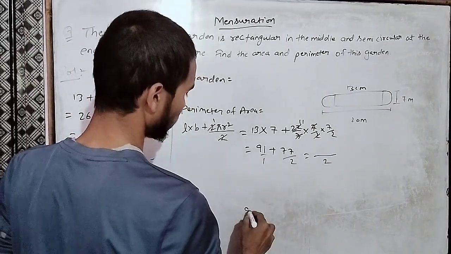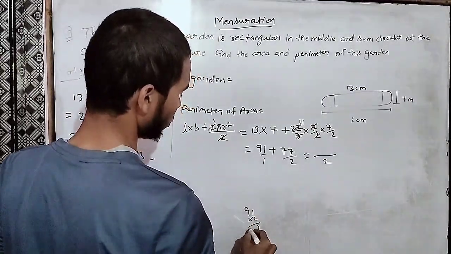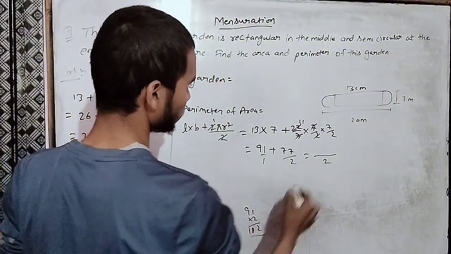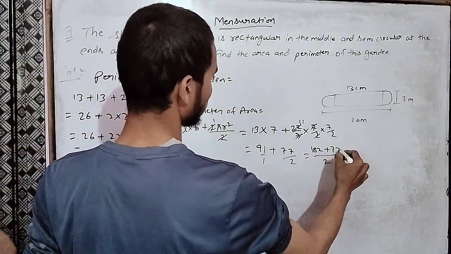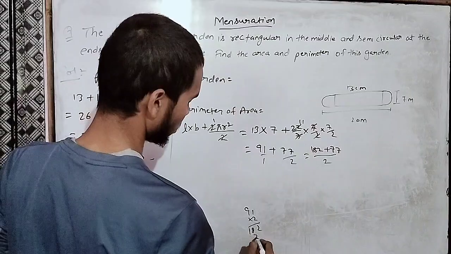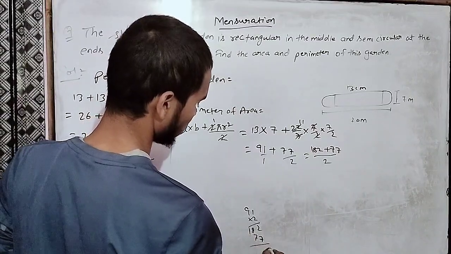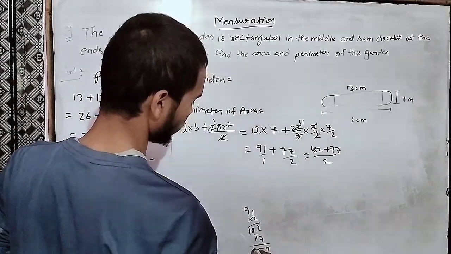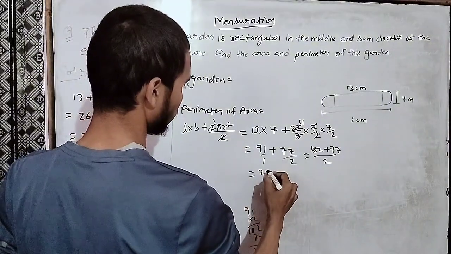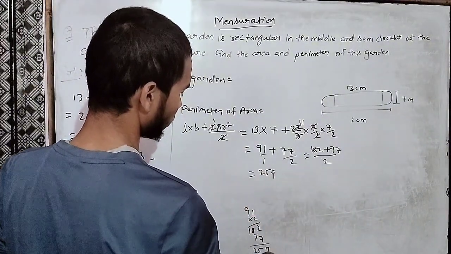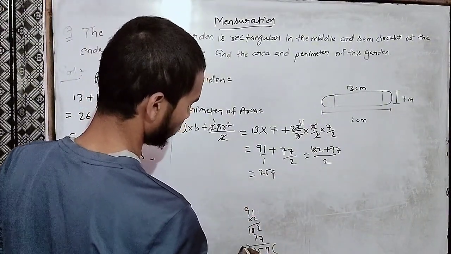Here we can write 91, 2 9s are 18, 182 plus 77, divided by 2.